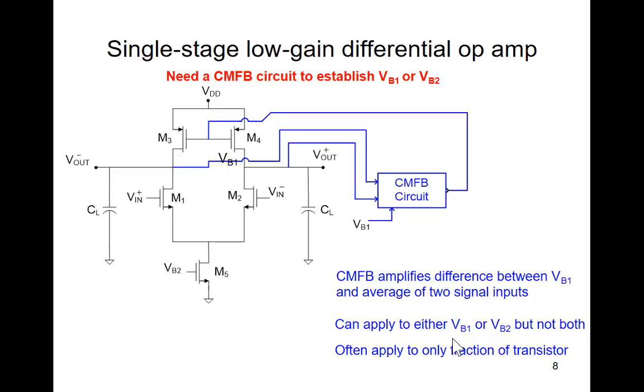And we said that the combo feedback circuit takes the average of these 2 values, and then compares it to what we would like the quiescent value to be, and generates a feedback signal to control the biasing of either the P-channel device on top or the tail transistor on the bottom.